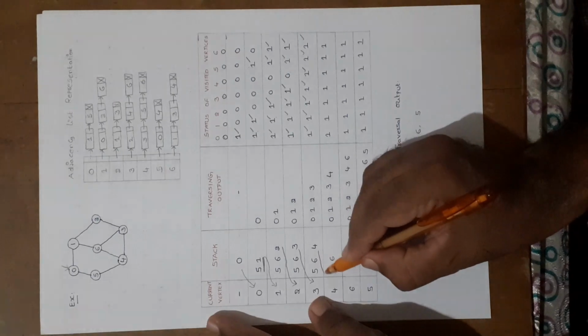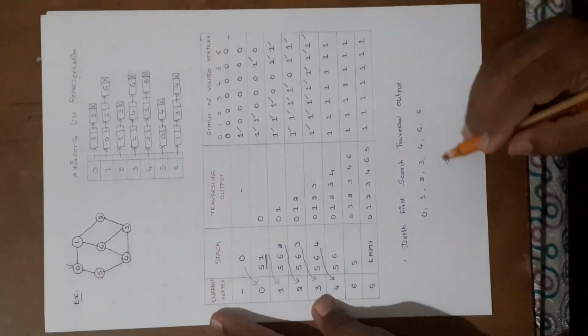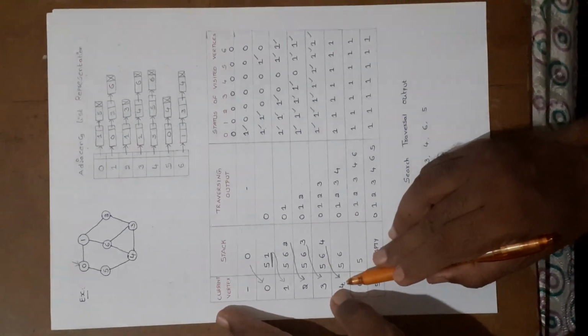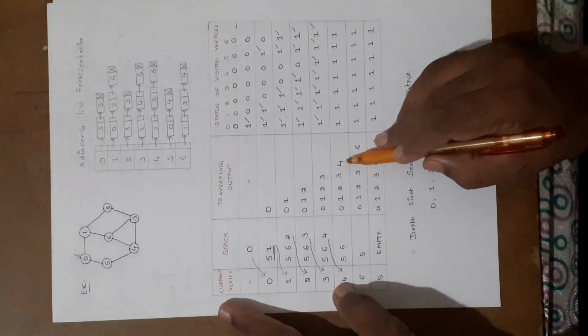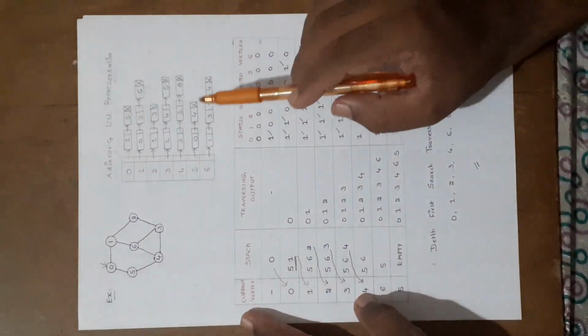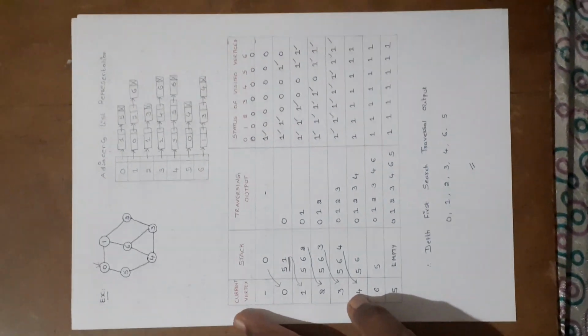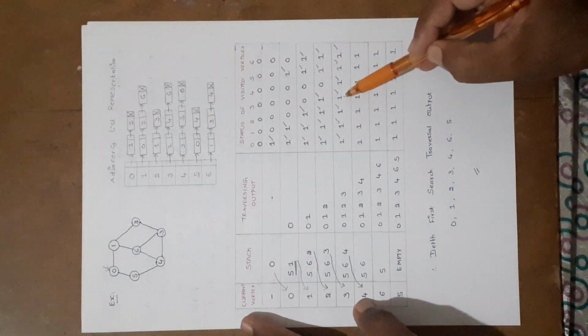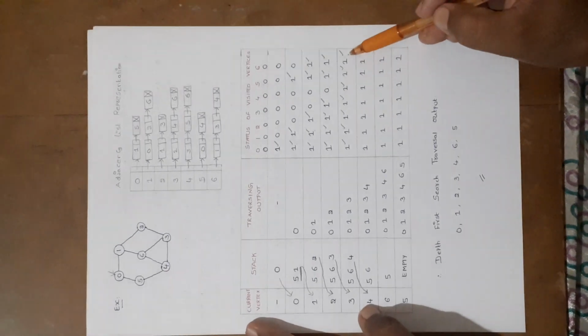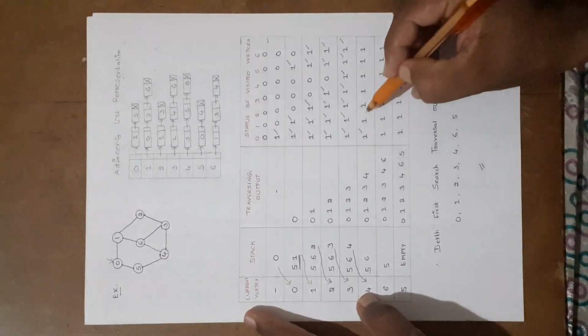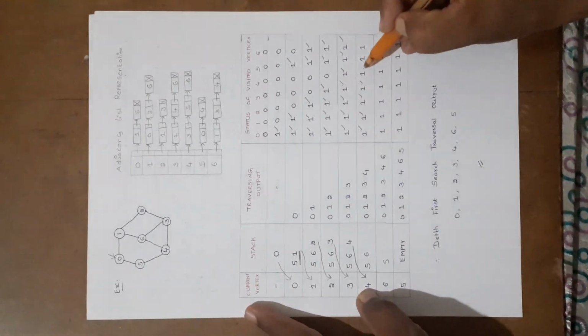Now delete 4 from stack data structure. 4 is the current vertex and enters into traversing output. Now the adjacent vertices of 4 are 3, 5, 6. Now 3 visited, 5 visited, 6 visited. Okay. So all are visited vertices.